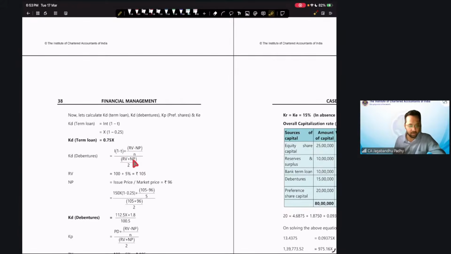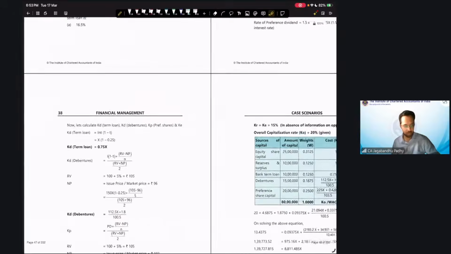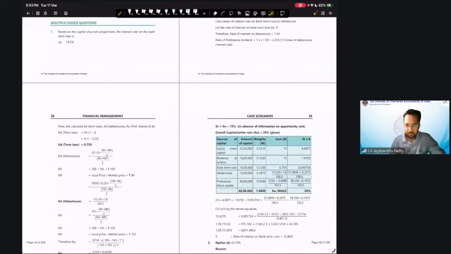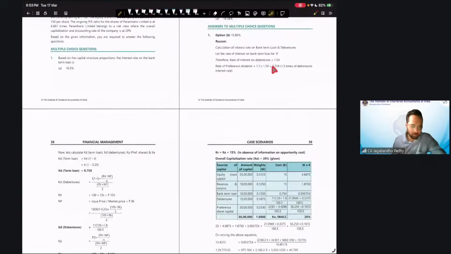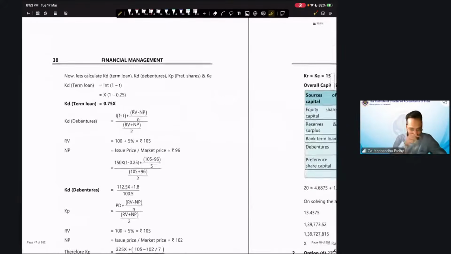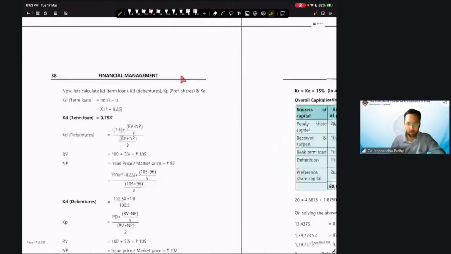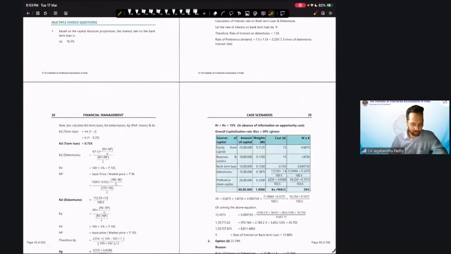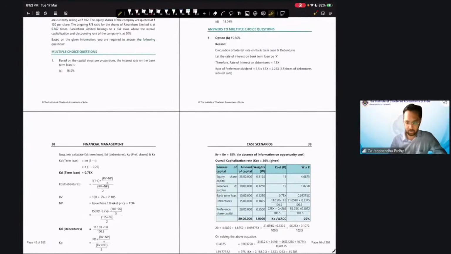Okay, where the redemption value is 105 because it's at 5%, and net proceeds is 96. Now we don't know what the interest rate of the debenture is, so we're going to take it as 1.5x. So 1.5x, that's the rate of interest.